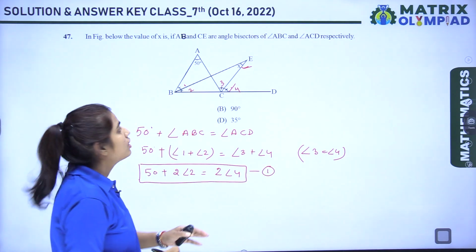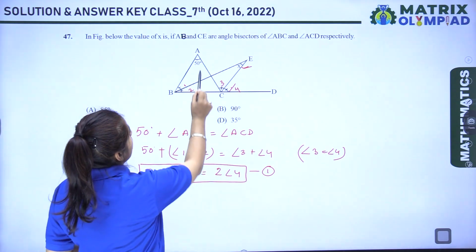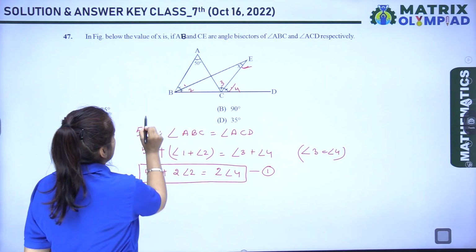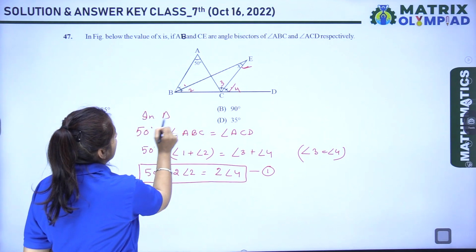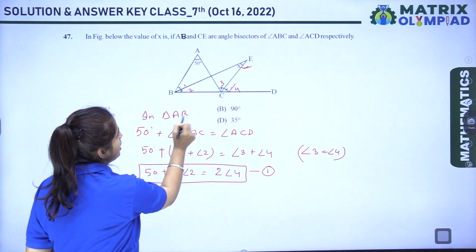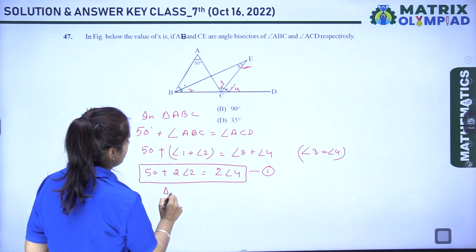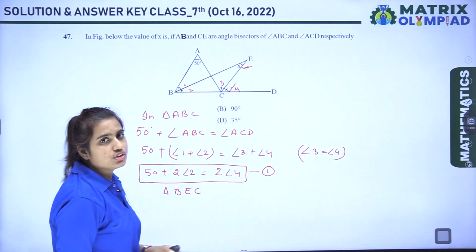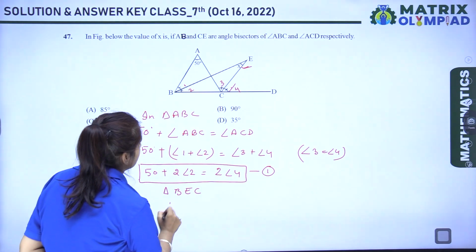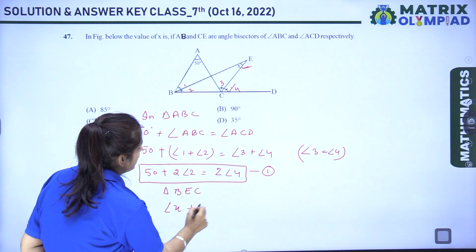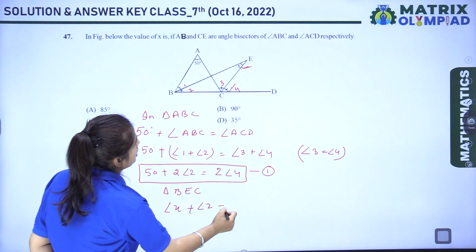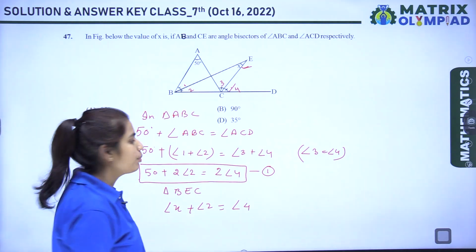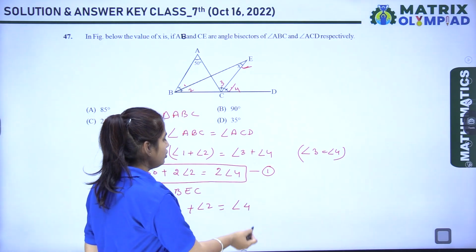Now let's take another angle in triangle BEC. This was done in triangle ABC, and now we are going to take triangle BEC. In this triangle, angle X plus angle 2 is equal to angle 4. The same thing, the exterior angle property, we are going to use here also.